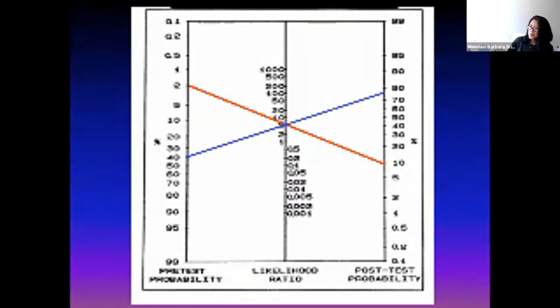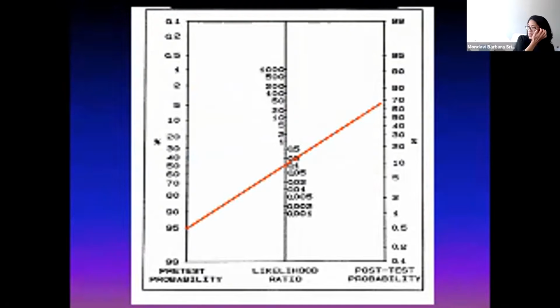Whereas if we take somebody who has a pretest probability of about 40% and they have a positive test with a likelihood ratio of 5, it significantly jumps us up to closer to 80% for the likelihood that they have disease. So the test actually changed a lot in terms of what we thought about this patient. Just to give another example, let's say we take a high-risk patient, somebody who we likely think has disease, with a pretest probability of 95%, and then their test is negative.